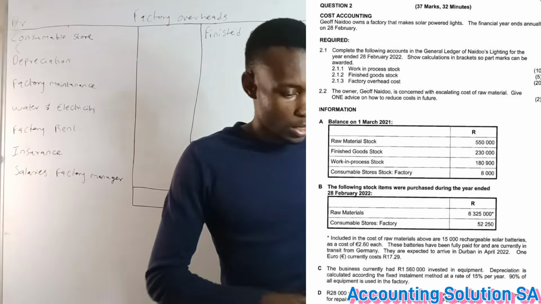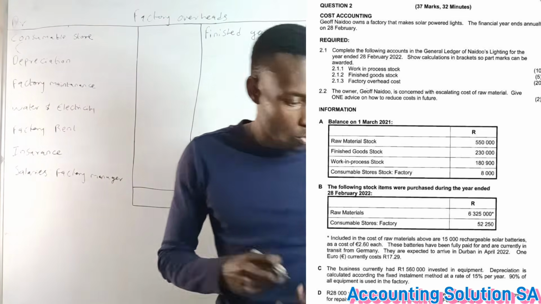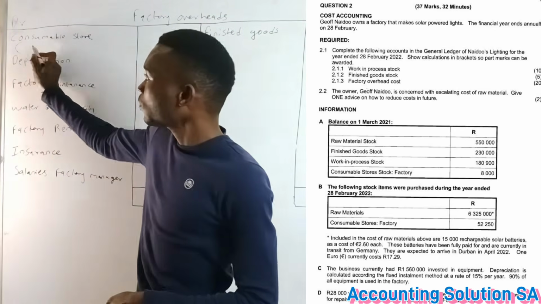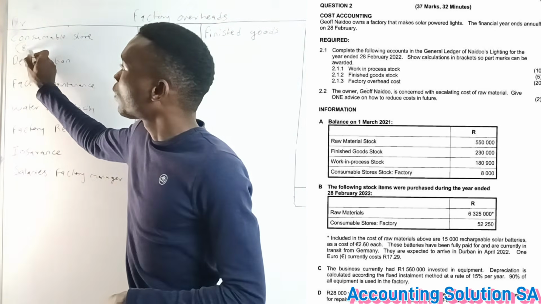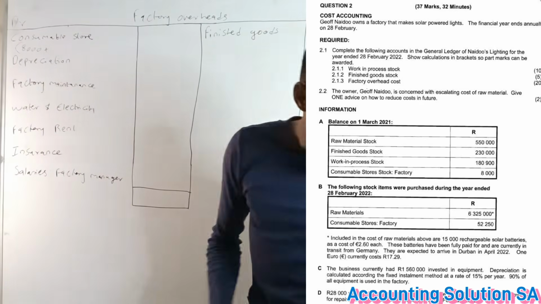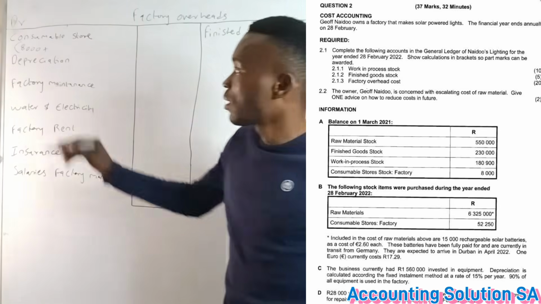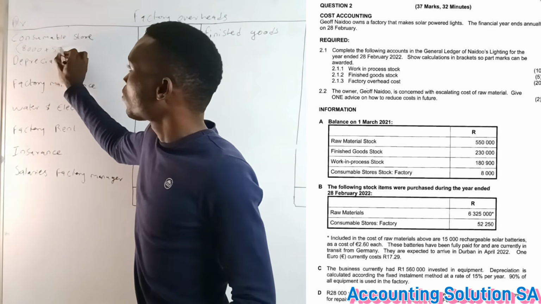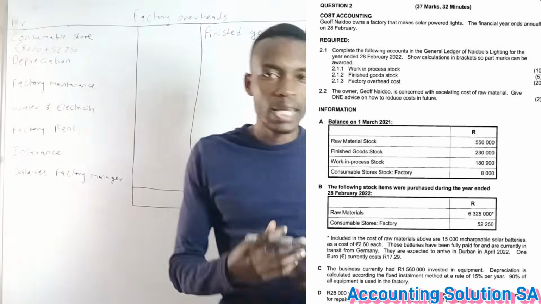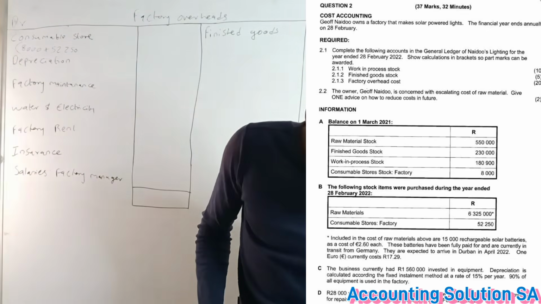All right, so let's take number A, if we have consumable stock. Yes, we have it, an amount of 8,000, which we are going to add to the amount that has been purchased, 52,250. Then after that, we check if we have any closing balance of consumable store.